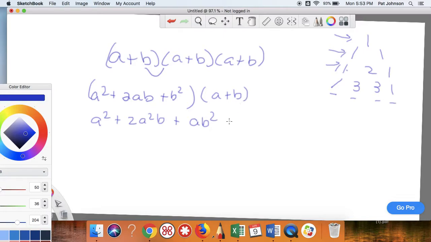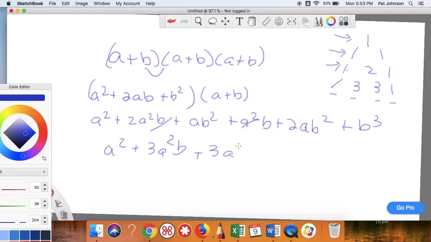Then we're going to distribute the b, and we're going to get plus a squared b plus 2ab squared plus b cubed. Now we're going to combine like terms, and we get a cubed plus 3a squared b plus 3ab squared plus b cubed.